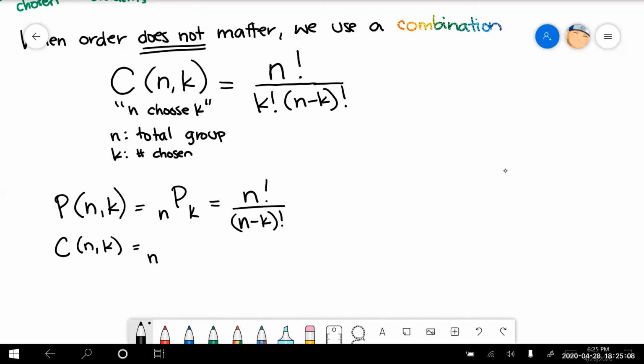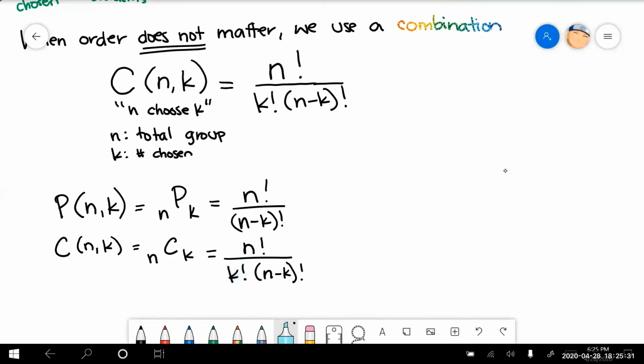On ALEKS, I believe it's done like this, but I definitely know other stats books and combinatorics books use this. This one is N factorial divided by K factorial times our leftovers. So really between combinations and permutations, this is the only thing that's new.